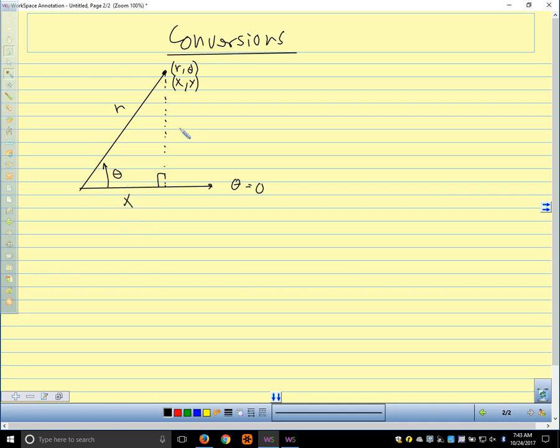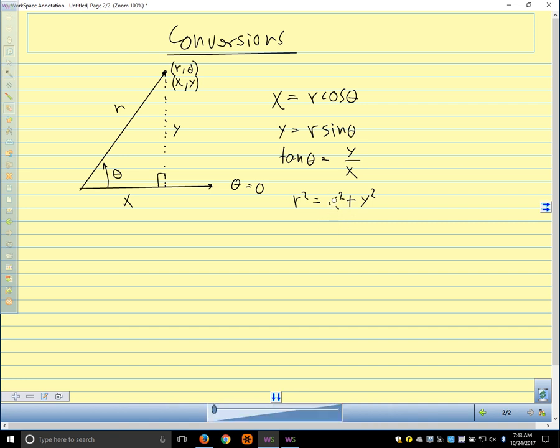And this is x, and this is y. So from right triangle trigonometry, we get that x equals r cosine theta, y equals r sine theta, just from this nice right triangle there. Tangent theta is y over x, and r squared equals x squared plus y squared from the Pythagorean theorem. So those are our conversions.